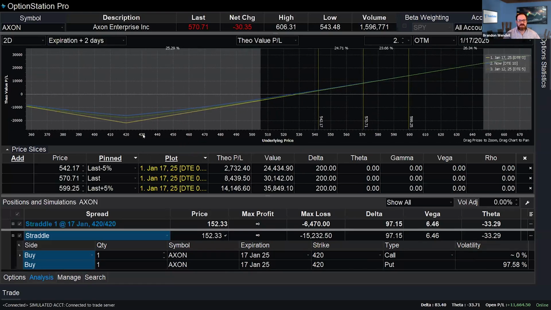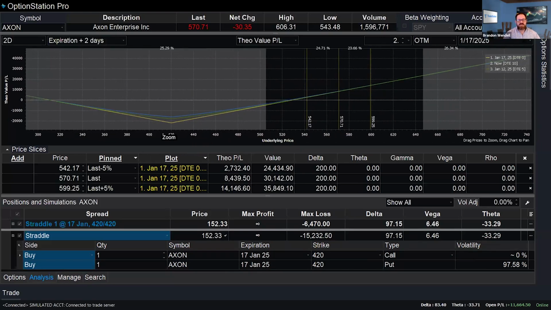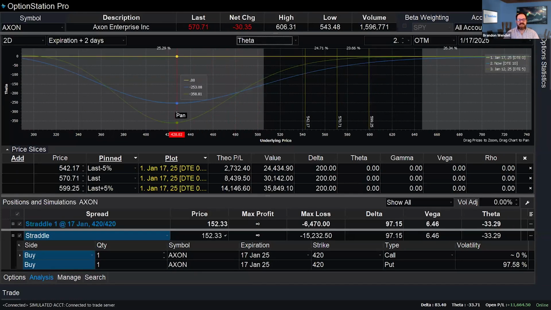So this is the theoretical P&L. And as you can see, this was a 420 strike that I did for the straddle. However, the current price is now 570. So it's obviously in a lot of profit. And if we take a look at the time decay, yeah, it is showing now 10 days till expiration, 5 days expiration, 0 expiration.